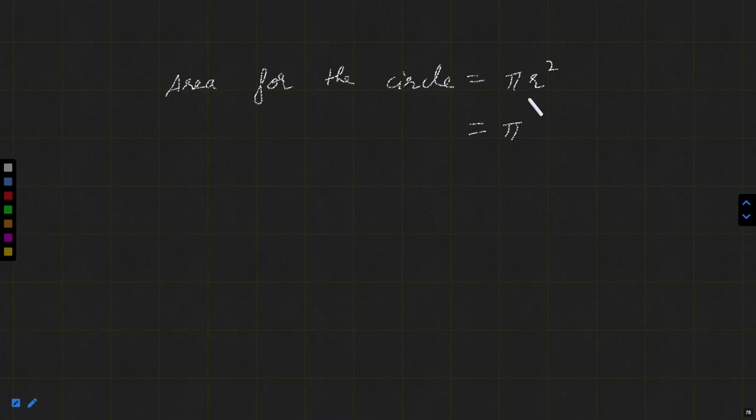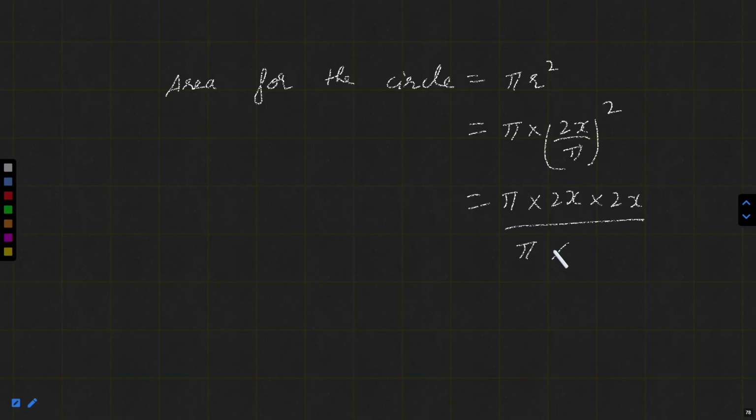So pi times (2x by pi) whole square, which is pi times 2x times 2x by pi times pi. One pi gets cancelled. So my simplified expression will look like this, which is 4x square by pi.